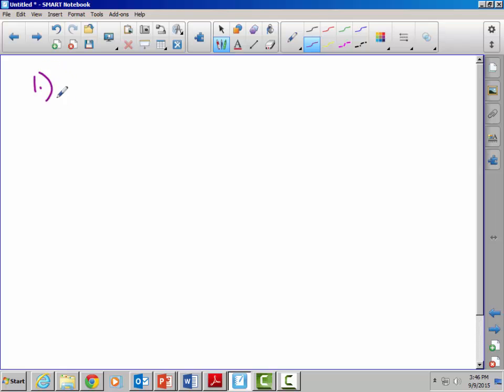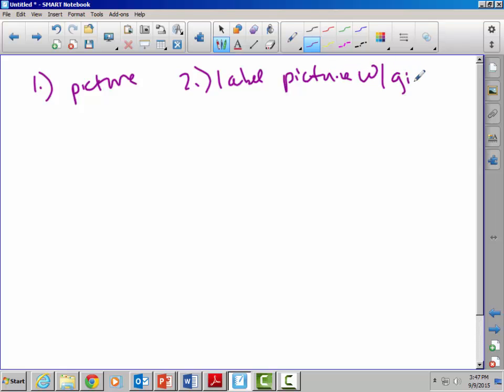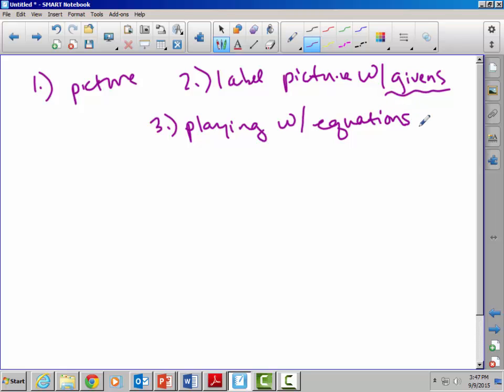Couple of tips for solving physics problems. Always draw a picture. Always label your picture with givens. Those are 2 really helpful things to do. And then once you have your givens, I want you guys to really get in the habit of playing with some of the equations. And by that I mean just try something.